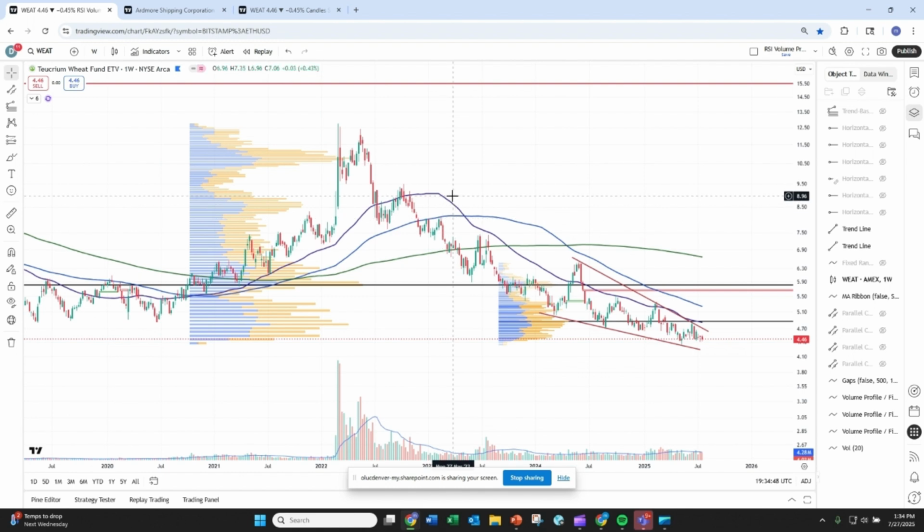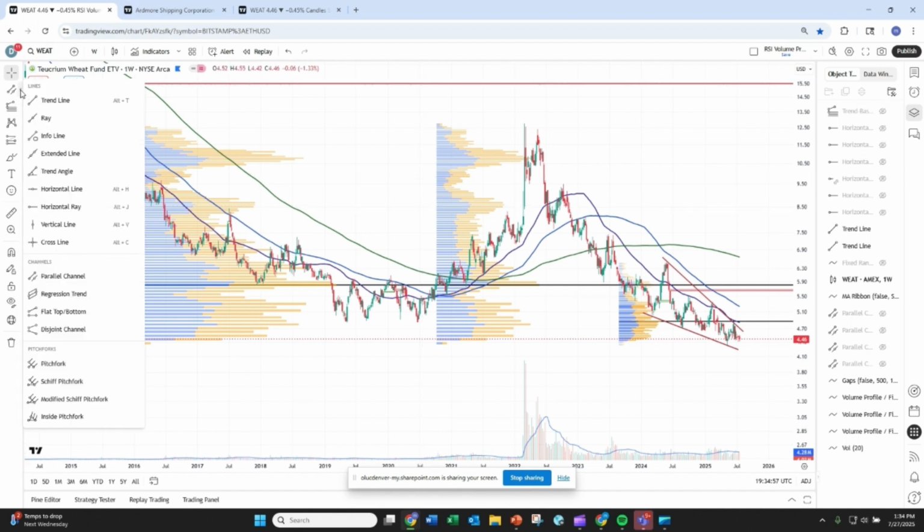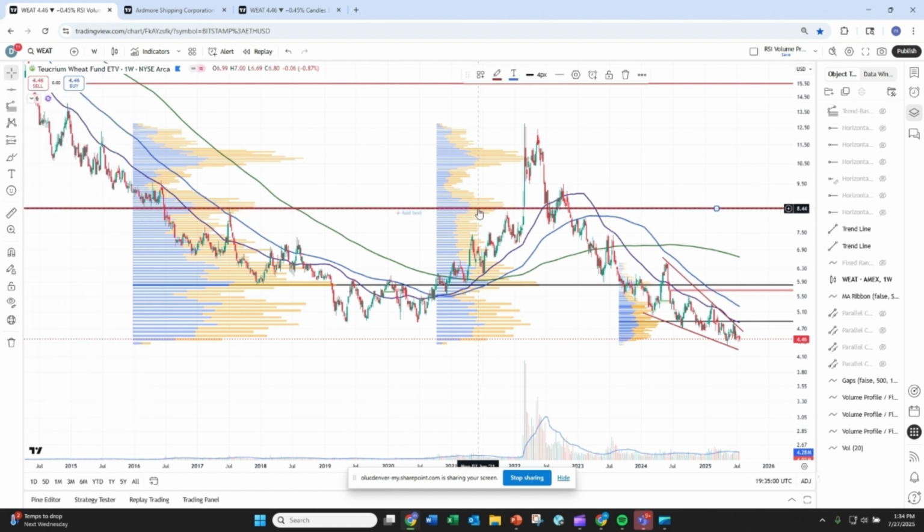Here's, we come out here, you can see that this line right here, put this in, that will be long-term resistance right there.